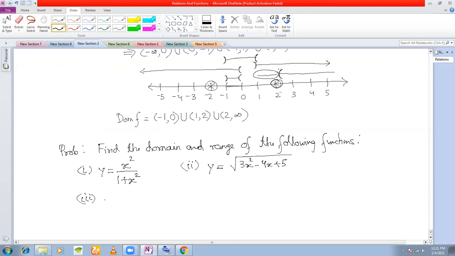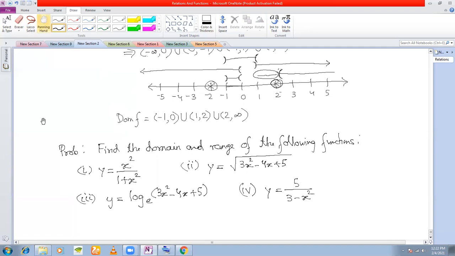Third one is y is equal to log of 3x square minus 4x plus 5, and the base of the log is specified to you here. Even if the base is not specified, you will take it as e. And fourth one is y is equal to 5 by 3 minus x square.